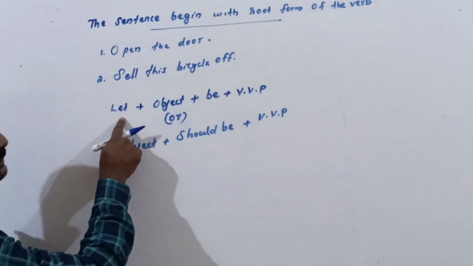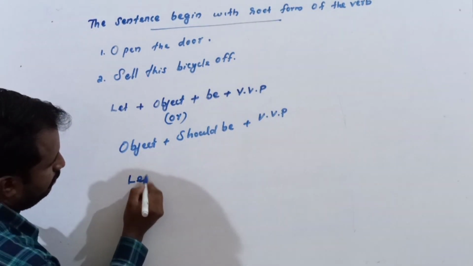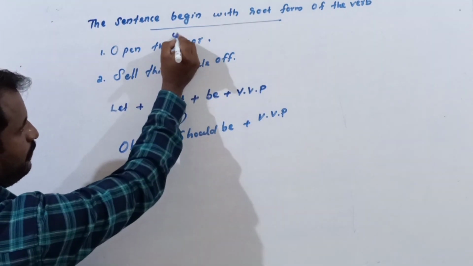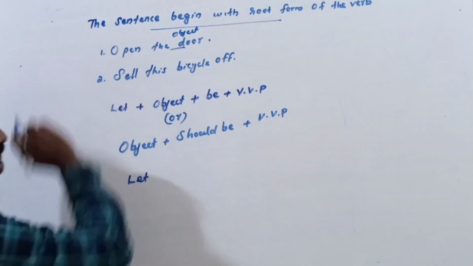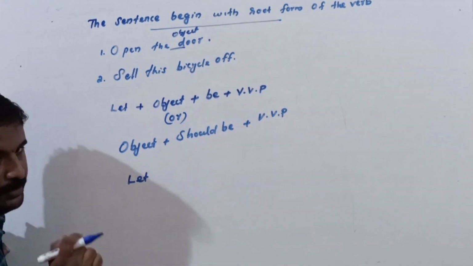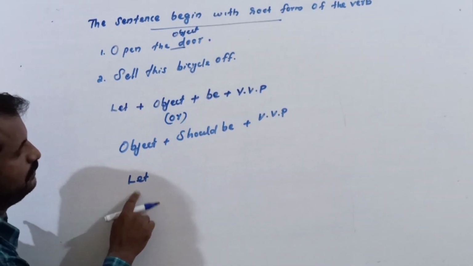Let us start with let. Here the object is the door, and the subject is not compulsory; indirectly it is "you".